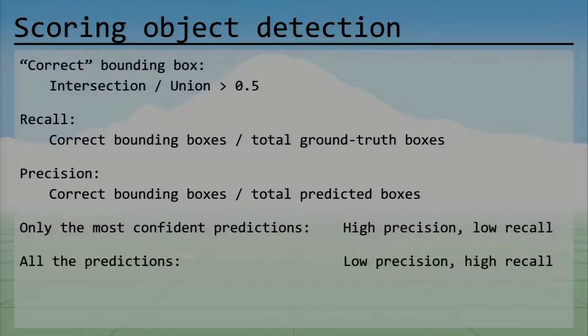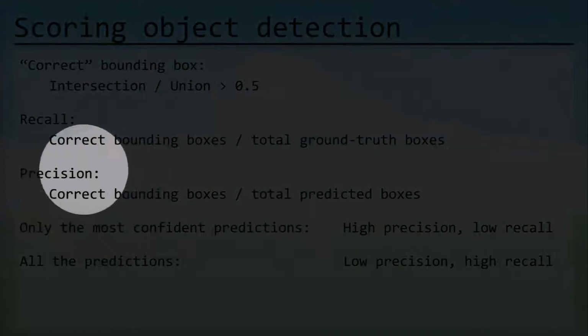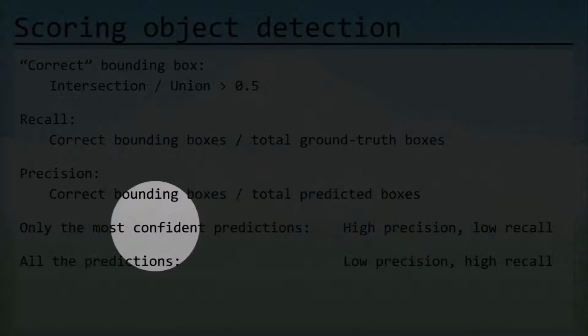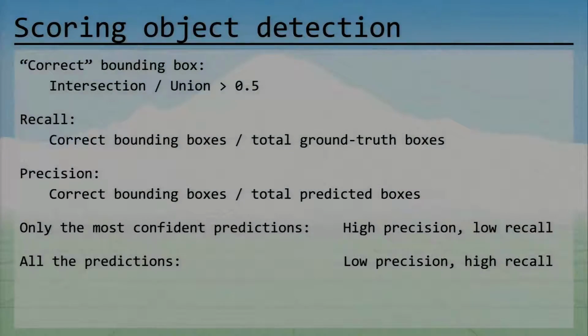So you might predict very few bounding boxes, and you'd have a really high precision because you'd be really confident in all of those. But in your data set, maybe there's 1,000 dogs. You're going to have really low recall because all you found are 5 of the dogs that exist in your full data set. So if you only predict your most confident predictions, you're going to have really high precision but really low recall.